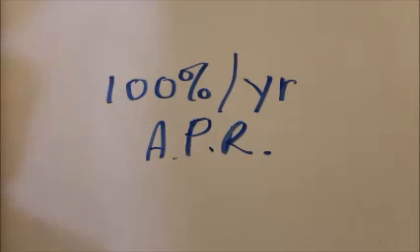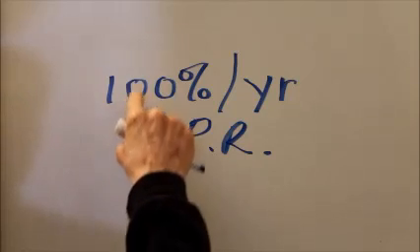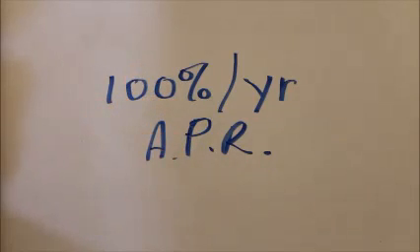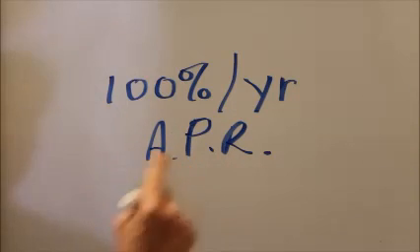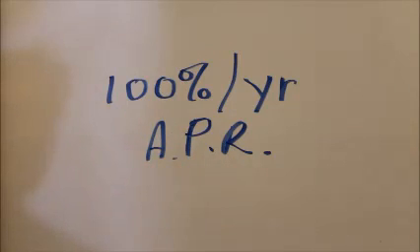Now suppose that the interest is compounded more and more frequently. You get a little better deal if it's compounded quarterly. You get a little better deal yet if it's compounded monthly. Even a little better deal yet if it's compounded daily. Now suppose that you just kept compounding it more and more often until it was being compounded continuously.